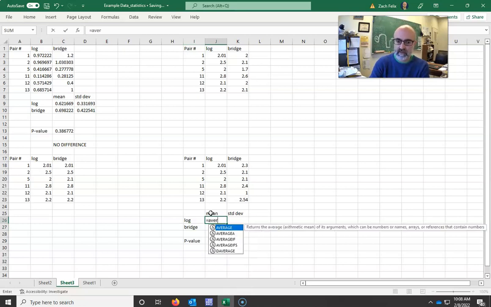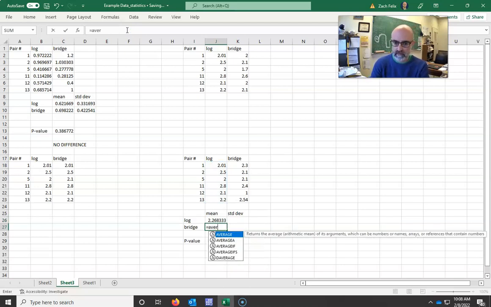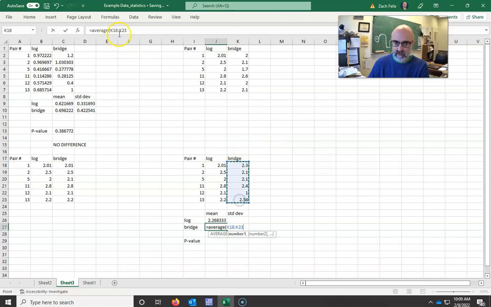Okay. Equals average, parentheses, equals average, bridge, over here.